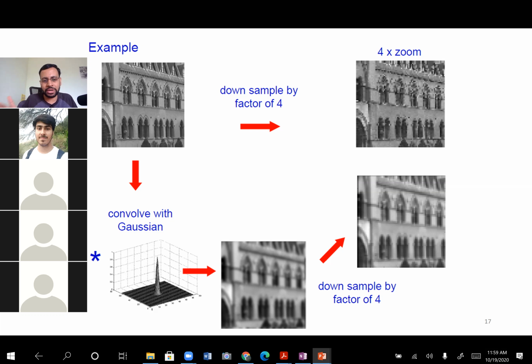Then there could be different ways, instead of this smoothing, there could be some other smoothing. One simple thing is a rect function, but in practice is rect possible? That's one question. If not, you would be using some other function. So there could be different permutations and combinations for this part, as well as the part where you are zooming it out.